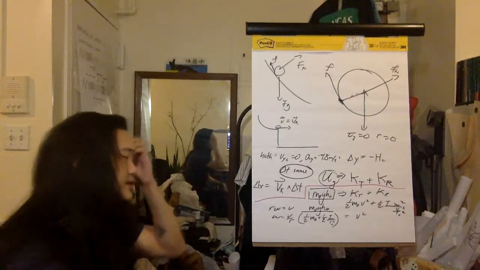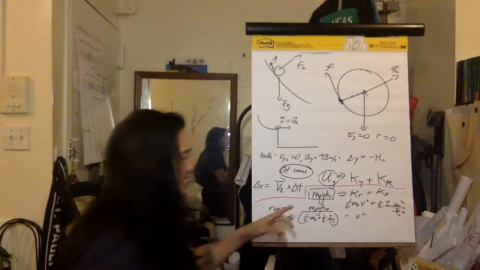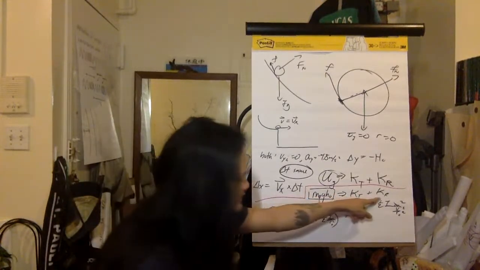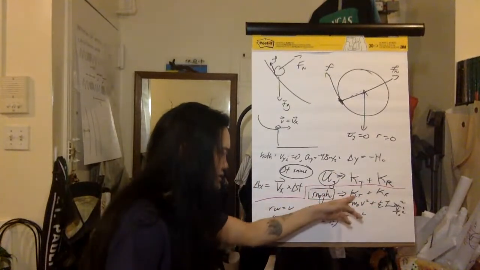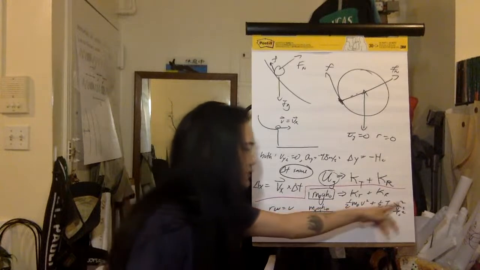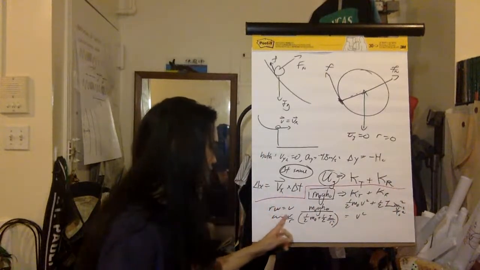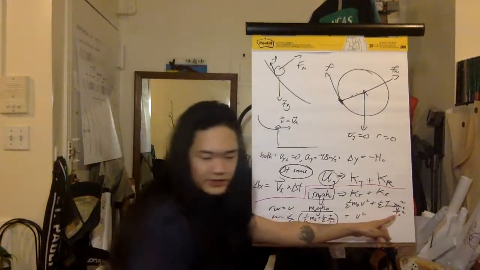Okay, so I basically have for both cases mgh equals KT plus KR, and I'll substitute the formulas for those. So it's just 1/2 m v squared plus 1/2 I omega squared. But omega is v over r, so this is 1/2 I v squared over r squared.